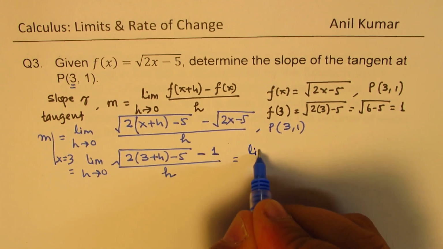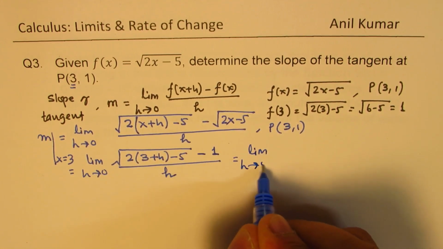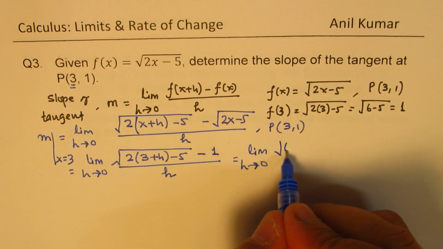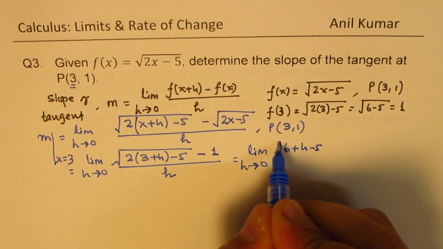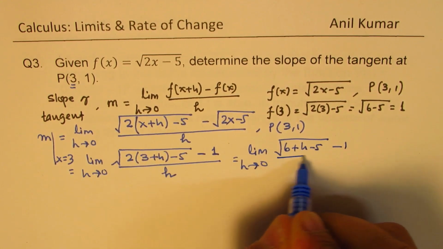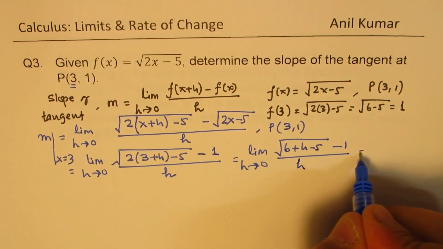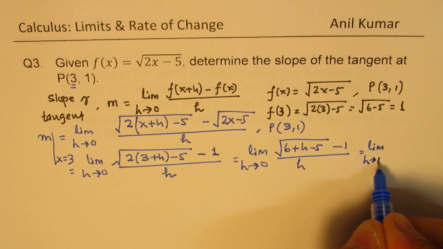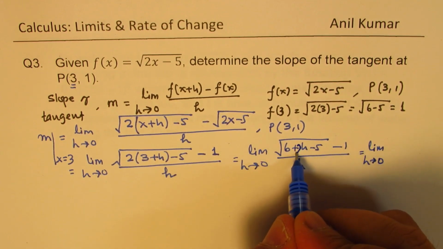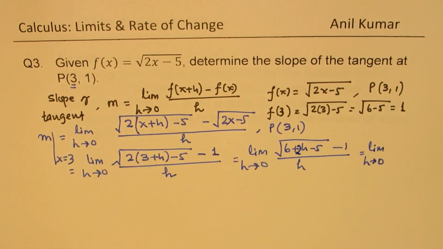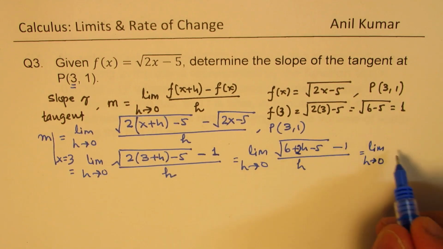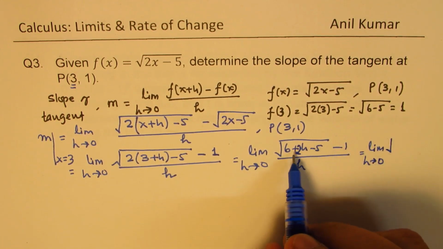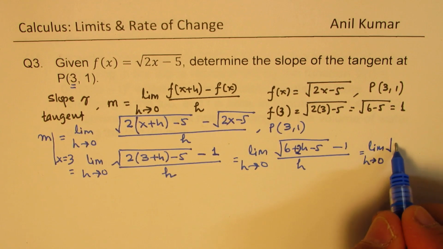So we get limit h approaches 0 square root of, this is 6 plus 2h minus 5, minus 1 over h. So you have to multiply with 2 both of them, right? So we get here square root of 1 plus 2h.